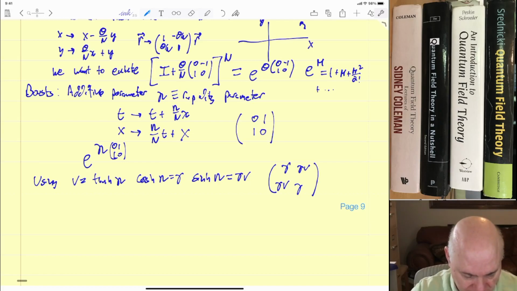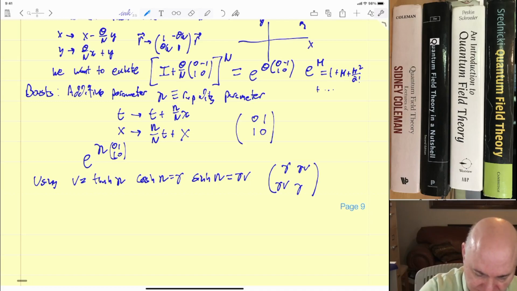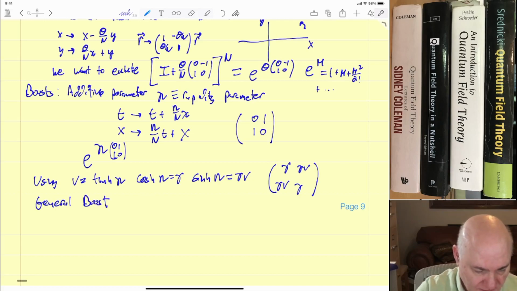Now, I want to do a general direction. I assume most of you have seen these, but not everybody. It depends on how good your background is in special relativity. Okay, so we have the boost matrices, which is the same as this. We're generalizing it.